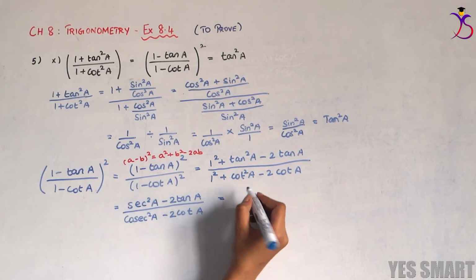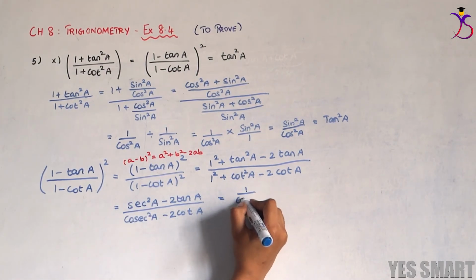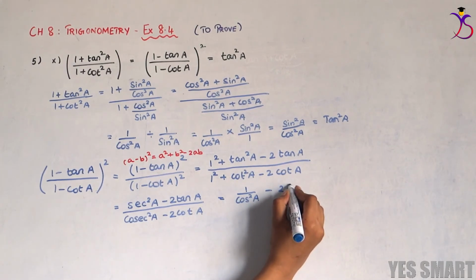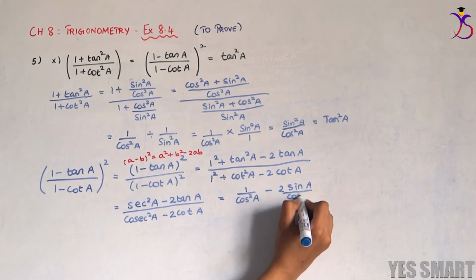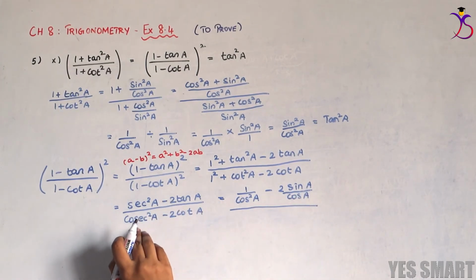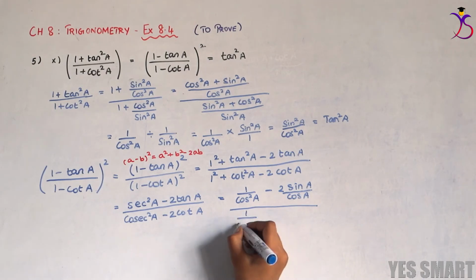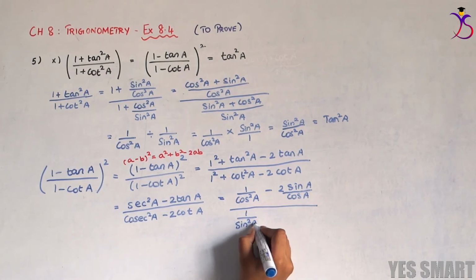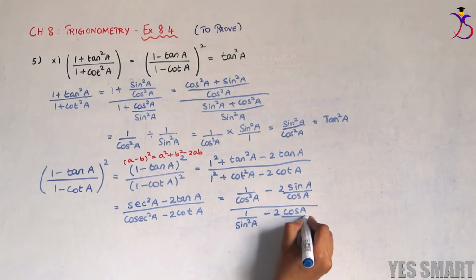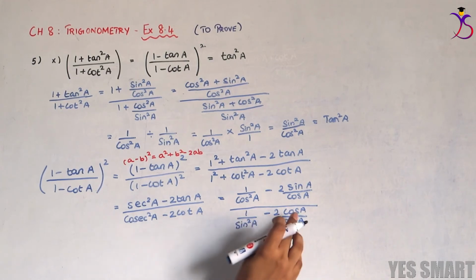Now we will substitute the formulas here. Secant square A can be written as 1 by cos square A minus 2 into tan A, which can be written as sin A by cos A, the whole divided by cosec square A, which can be written as 1 by sin square A minus 2 into cot A, which can be written as cos A by sin A.